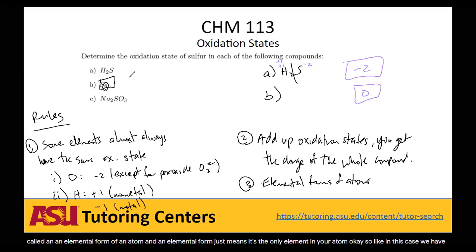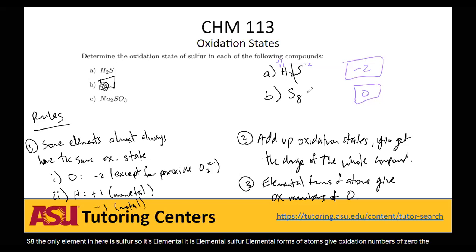The only element in here is sulfur, so it's elemental. It is elemental sulfur. Elemental forms of atoms give oxidation numbers of 0. Because of the reason we just described, right? You have S8, they all have to add up to be 0. The only way that's possible is if each individual one is 0. So sulfur has to have a charge of 0.